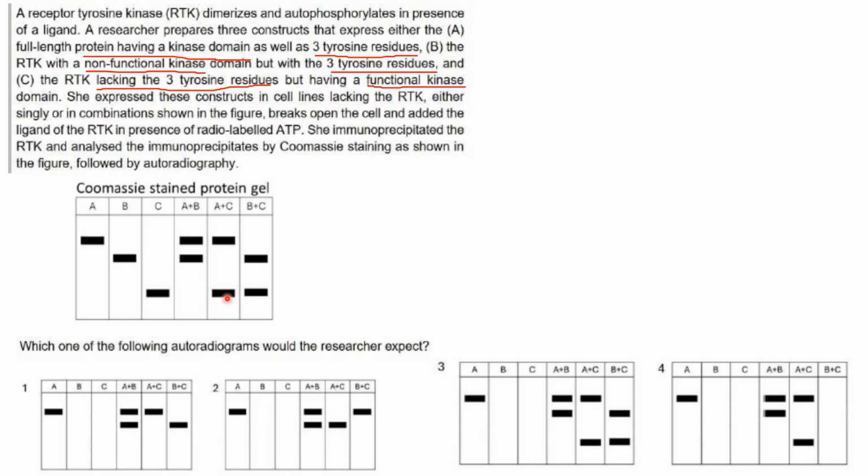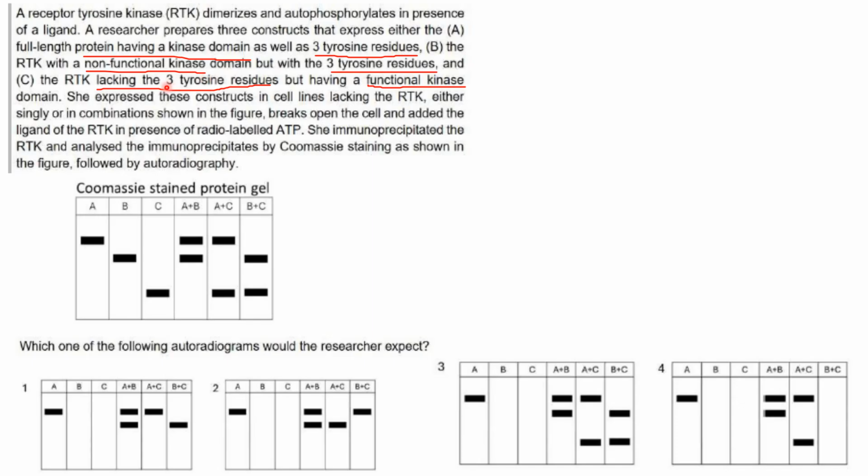Now A plus C. A is having protein kinase domain as well as 3 tyrosine residues. But C is lacking the 3 tyrosine residues but has functional kinase. So in that case A band only you will get because A is having kinase domain as well as 3 tyrosine residues.